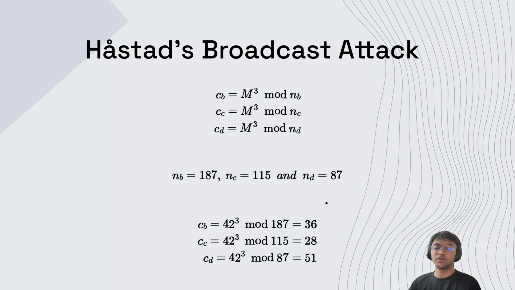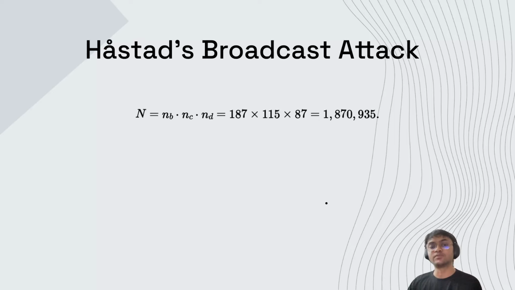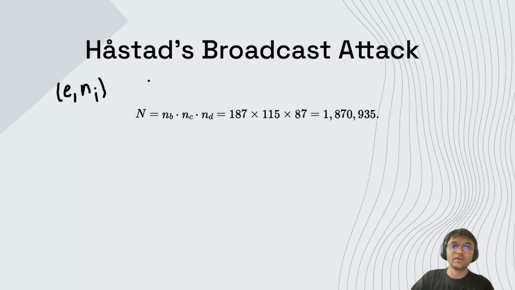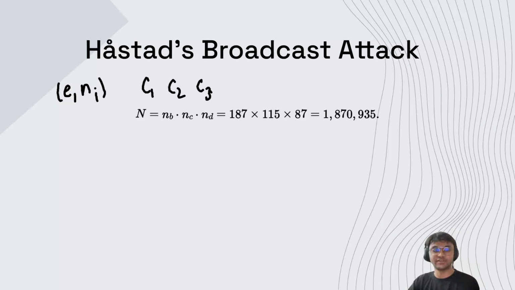Now, on Eve's part, Eve has access to E, the N sub i's, and C1, C2, C3 because they have intercepted these ciphertexts. Now, they can construct N, which is the product of all these moduli, and it comes to this large number.